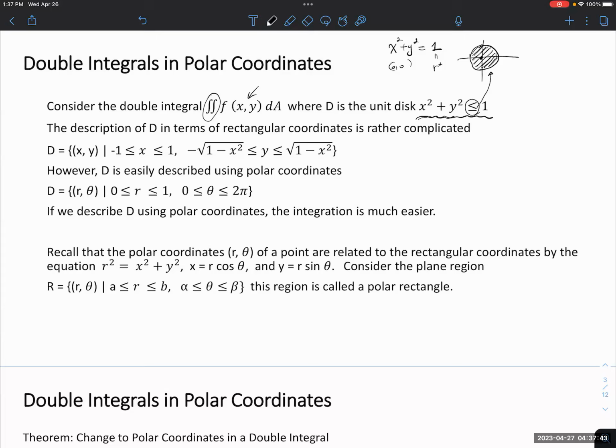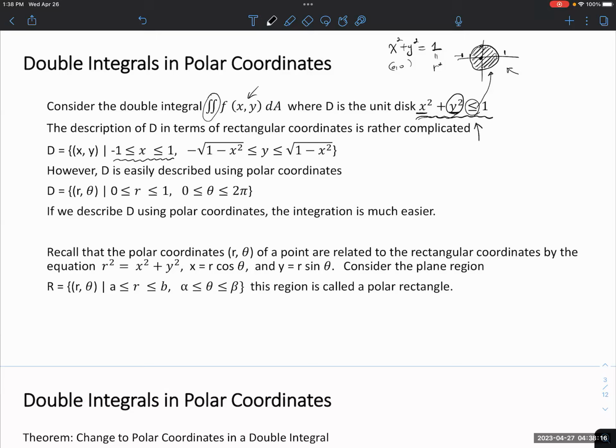How do I determine the interval for the x variable? How do I determine the interval for the y variable? If you have this unit circle, where the center is 0, 0 and the radius is 1, we have 1 and -1. That is going to be your interval for x. Then you need to solve for y.